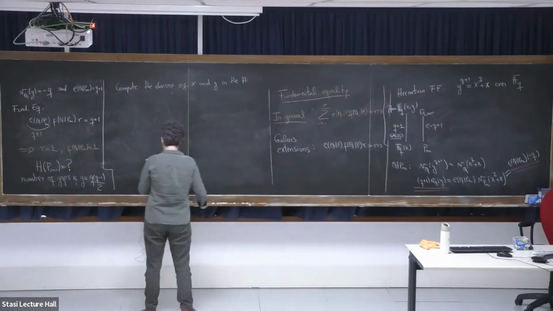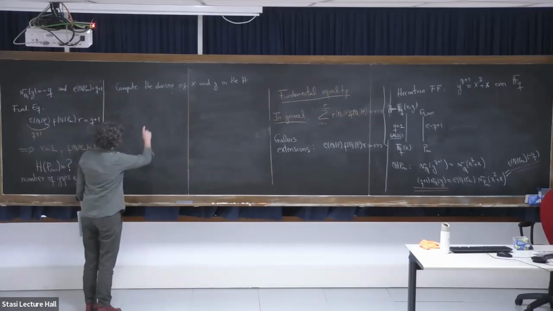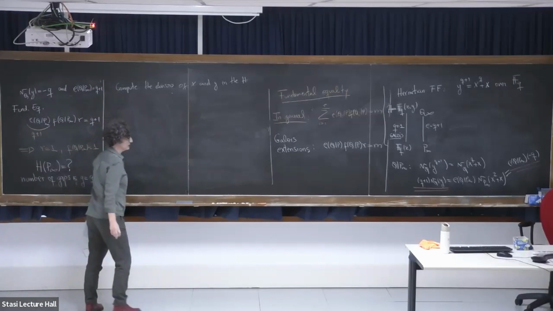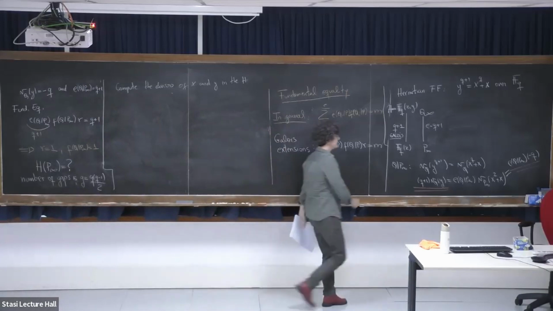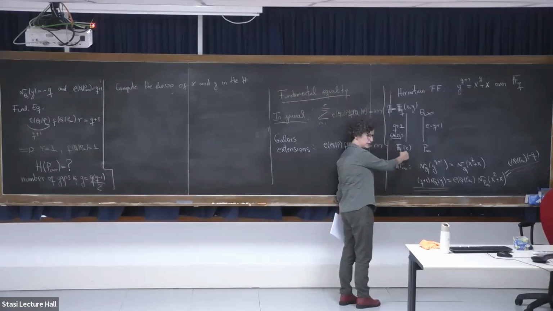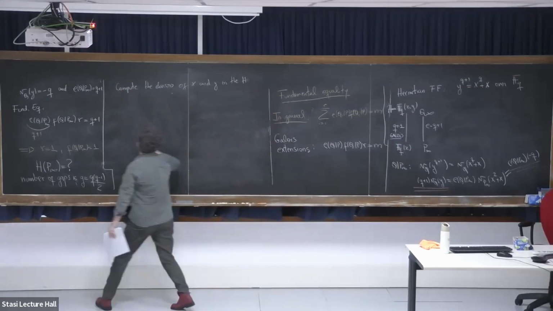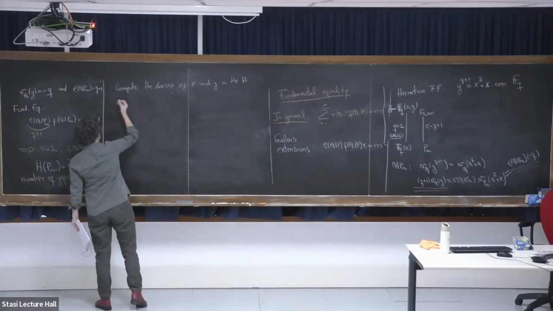Okay. So let's suppose that I want to compute the divisor of x. So who are the zeros of x here? Well, x down here has only one zero. It's 0. 0 is a zero of the function x. Okay, and I will denote it like this.